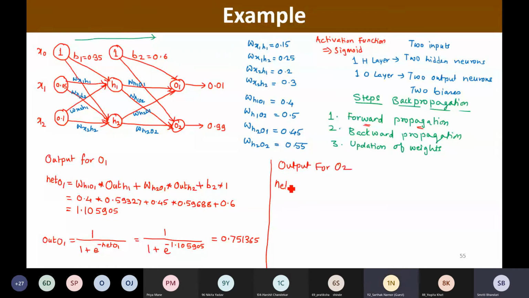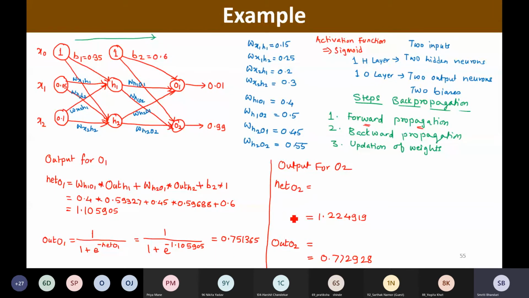So we are computing net O2 using the similar steps, and this comes out to be 1.224919, and out O2 comes out to be 0.772928.